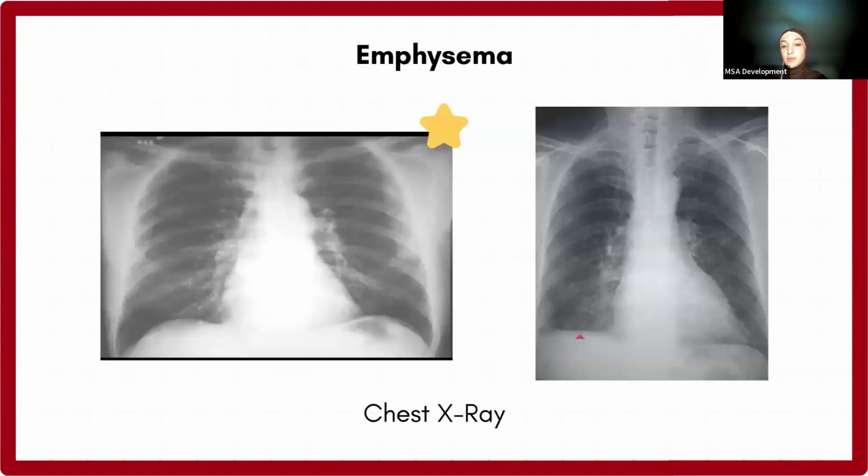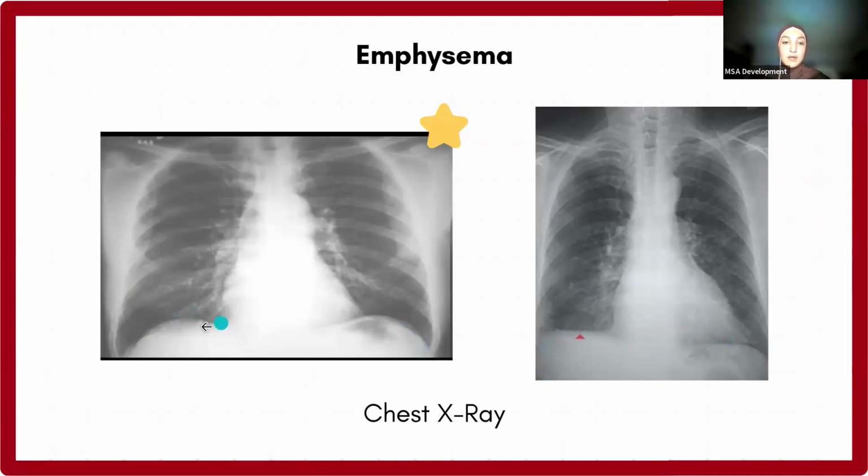Now, emphysema, when you do a chest X-ray, you can find two main findings. Hyperinflation, sorry, flattened diaphragm. As you can see here, this picture shows it more clearly. The diaphragm is very flat.